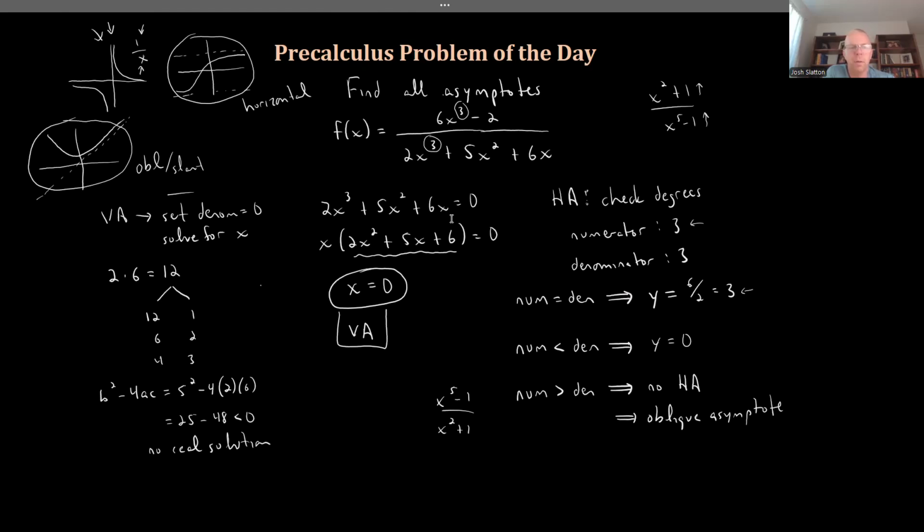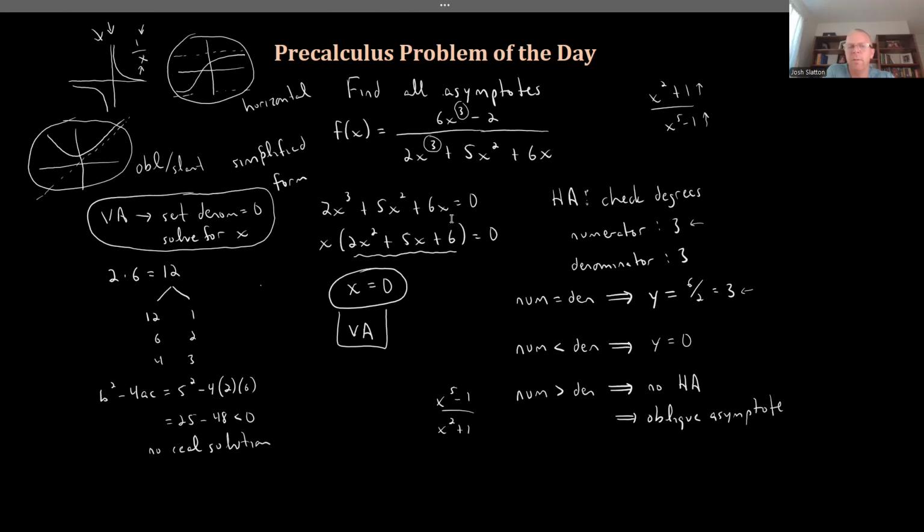For the vertical asymptotes, you set the denominator equal to 0 and solve for x. One thing you want to make sure you check before you say that whatever you get for x is a vertical asymptote is that we need the rational function to be in simplified form. So you factor the top as much as you can, factor the bottom as much as you can.